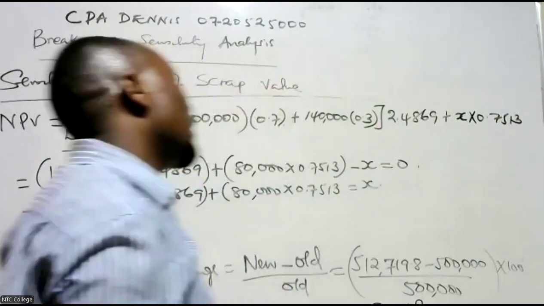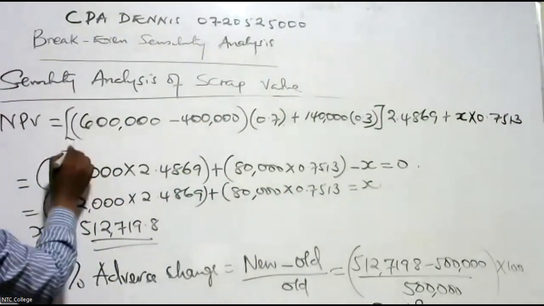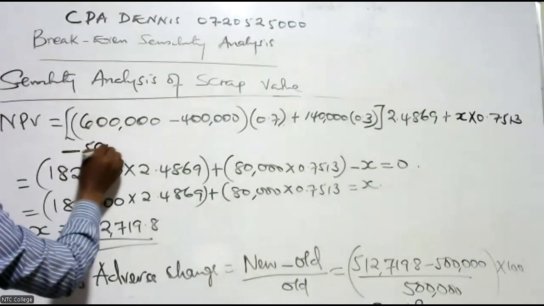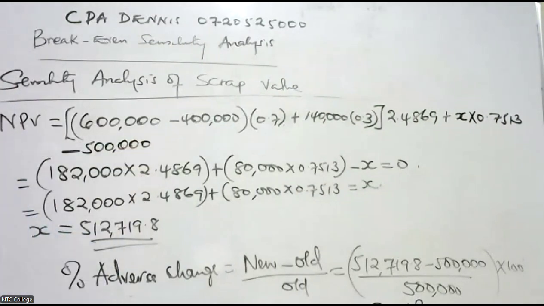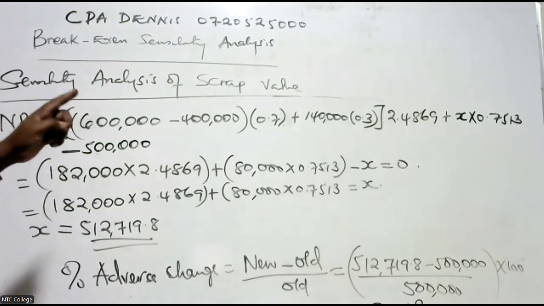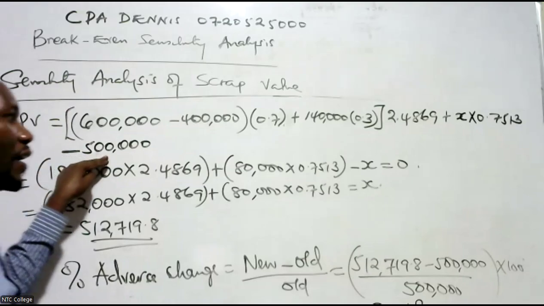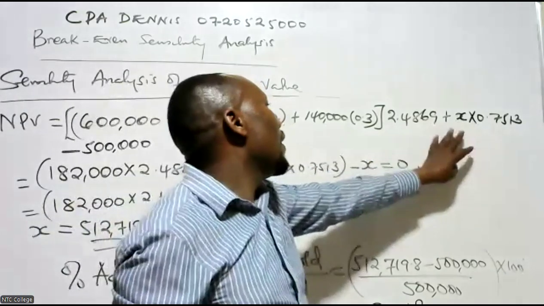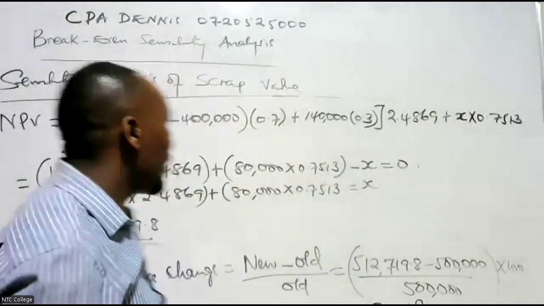The rest remain. You can't vary two at the same time. So here we return this one to 500,000. Other factors remain constant. You vary one at a time. Are we together? When we are varying the cost of equipment, the rest remain the way they are. Now that we are varying the scrap value, the rest remain the way they are.